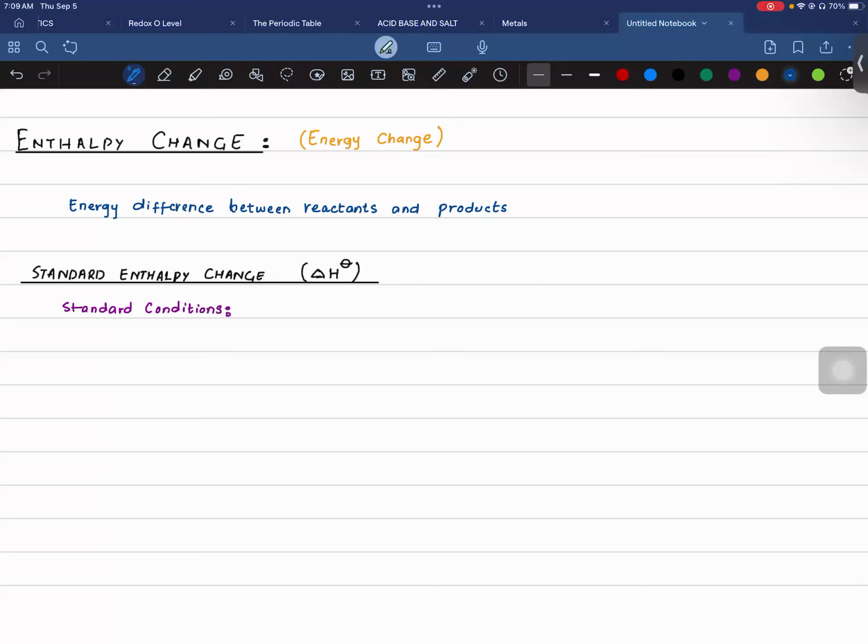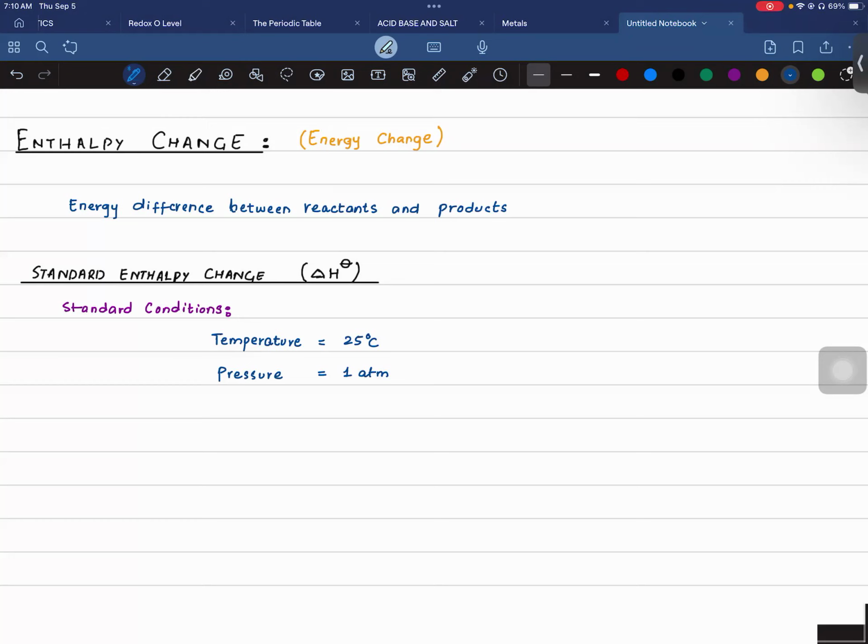Standard conditions are: temperature is equal to 25 degrees Celsius, and pressure is equal to 1 atm. These are called standard conditions.